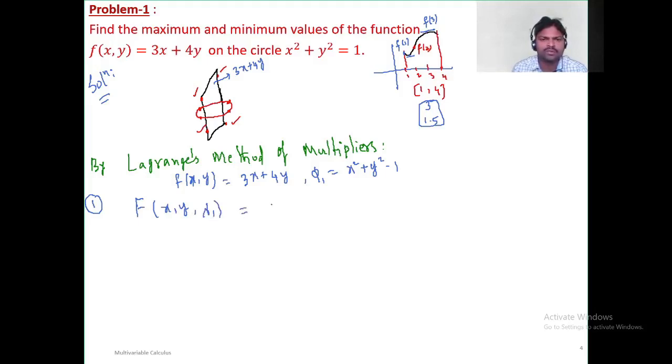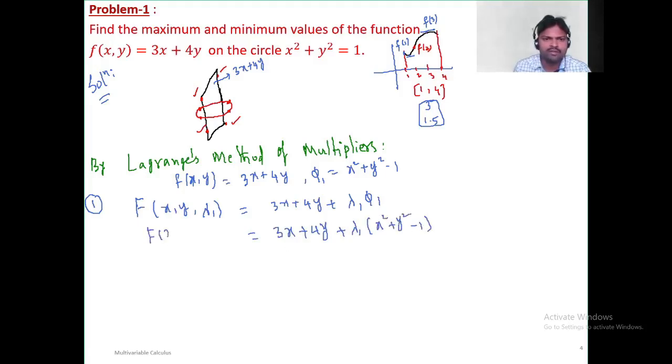Now this is nothing but 3x plus 4y plus lambda 1 into phi 1. That means 3x plus 4y plus lambda 1 into x square plus y square minus 1. So this is the given auxiliary function. This is the first point of the Lagrange multipliers. First point is over. Next, the second point.